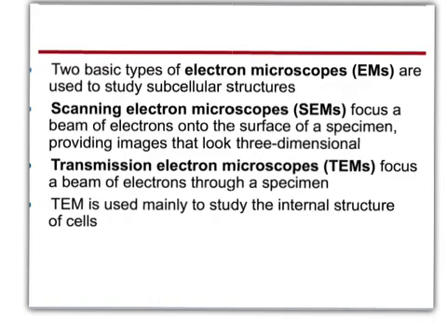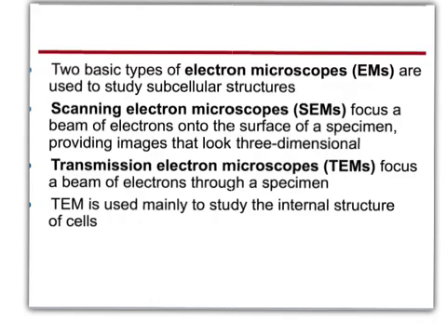So if you want to see the surface of a fruit fly and the structure of its wings, you'll use a scanning electron microscope. Right? And you see the outside, or you want to see the outside of the plasma membrane, SEM will show you that. Right? Or for the nucleus or whatever it might be. Right? Transmission electron microscopes focus the beam through a specimen. So it'll go through and you can see differences within.